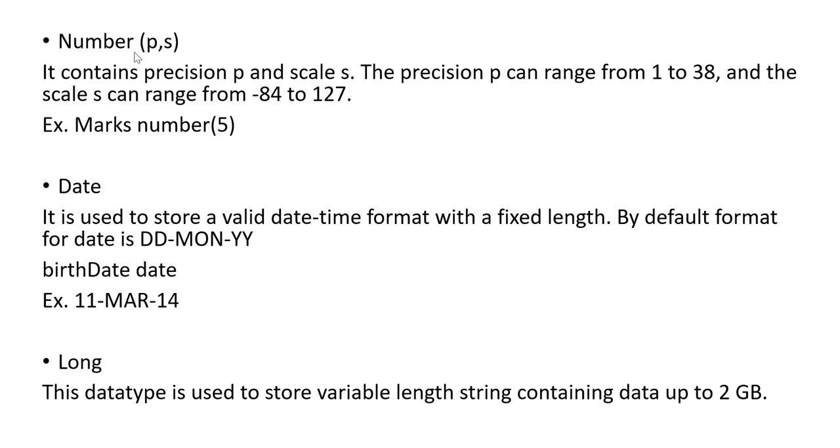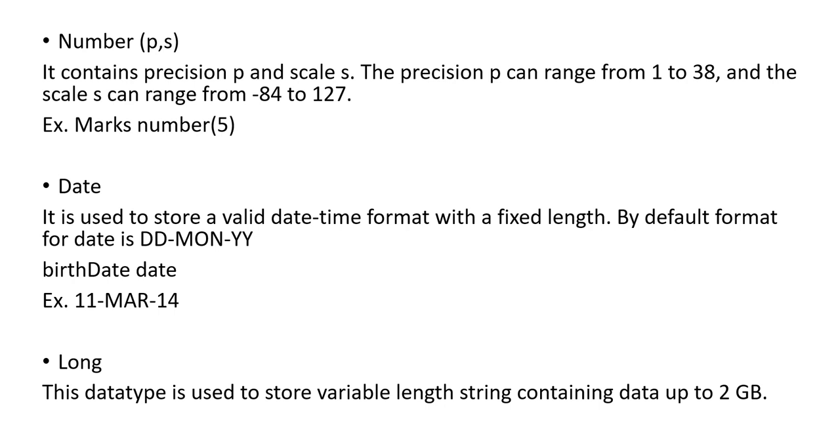The next data type is number, and PS, where P is the precision and S is the scale. The number data type is used when you are going to store numeric data. It accepts numeric data only. Precision is the number of digits present in your number, and scale is the number of digits to the right of the decimal point.